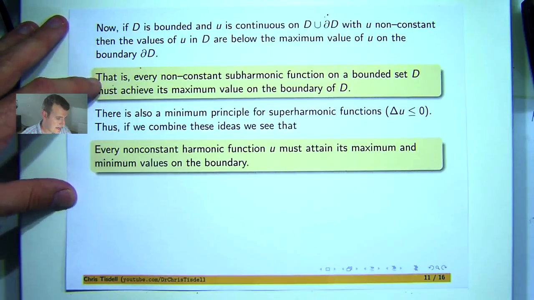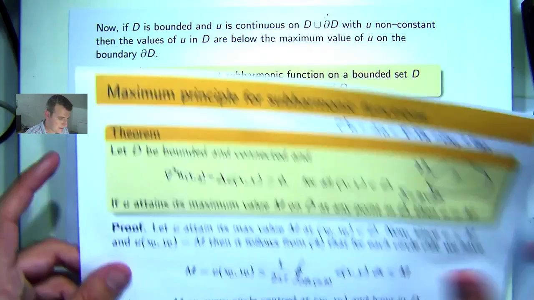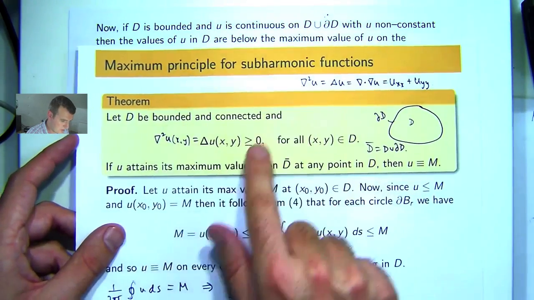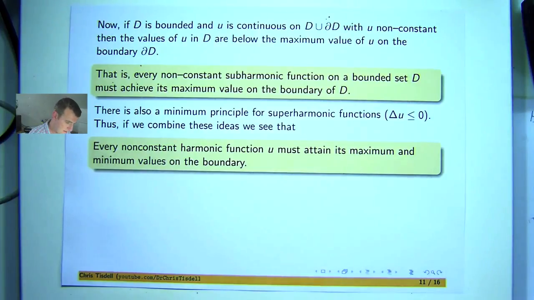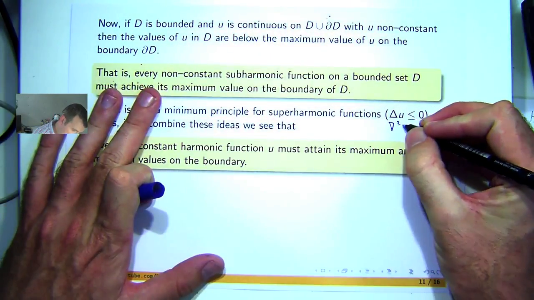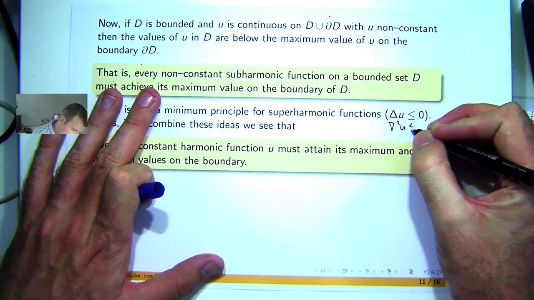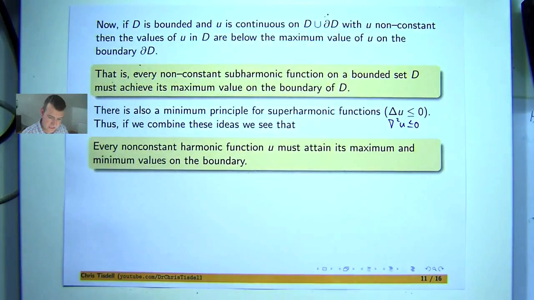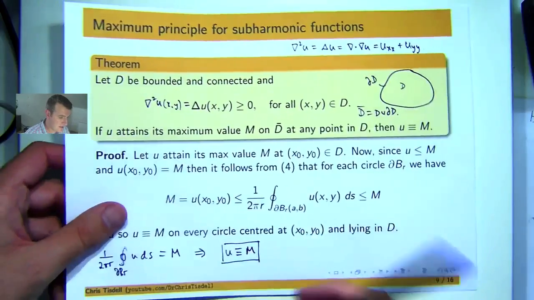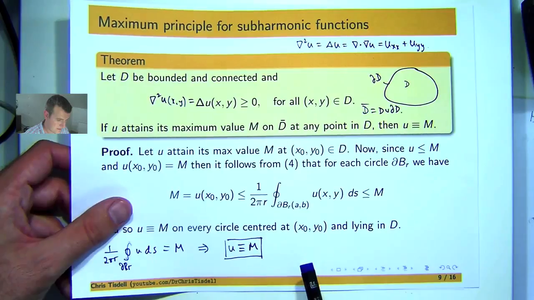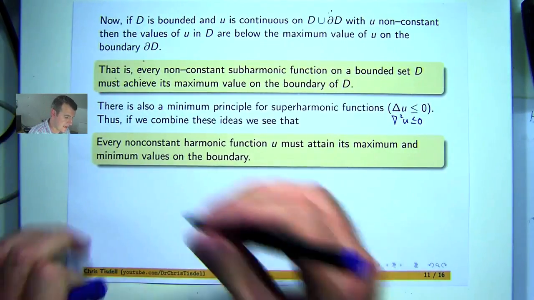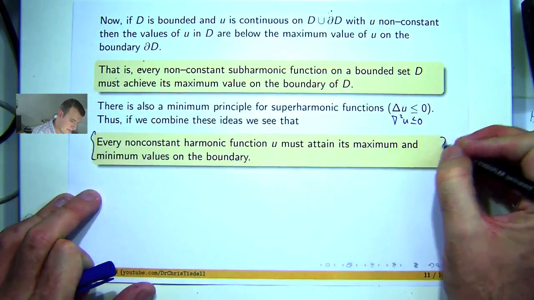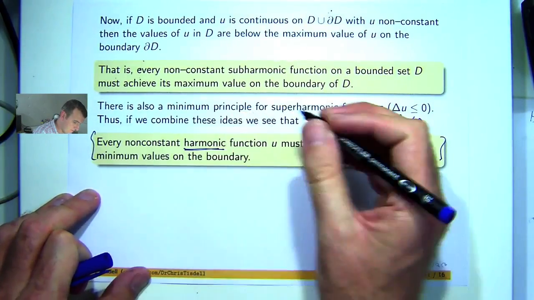Here we're using subharmonic functions. If you flip the inequality around, then we call these superharmonic functions, and you can come up with an analogous minimum principle. And what does this mean for a harmonic function?